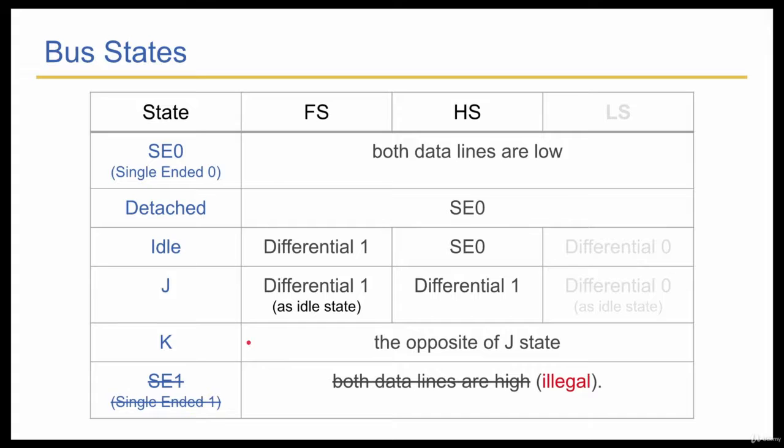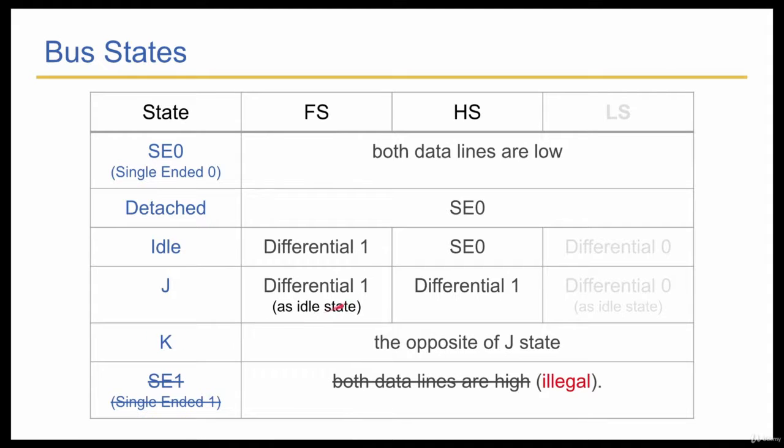Therefore, to standardize the terms used for data transmission and to stay abstracted away from the different electrical states, USB developers decided to use the terms K and J to represent two differential states on the bus. So J and K are just names for the differential 0 and differential 1, because, as we saw before, the electrical state to achieve differential 1 is different in full speed devices than in low speed devices. And to get rid of this, we just use the J state and K state.